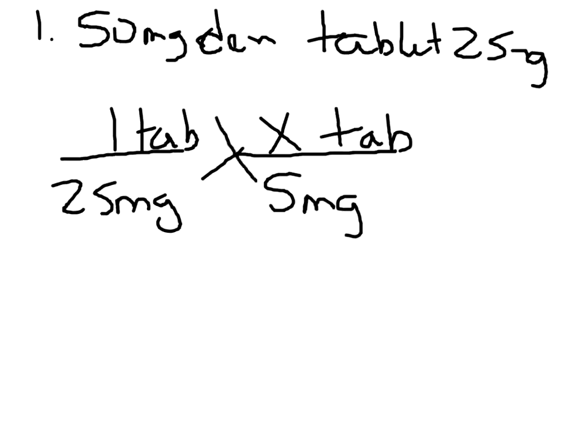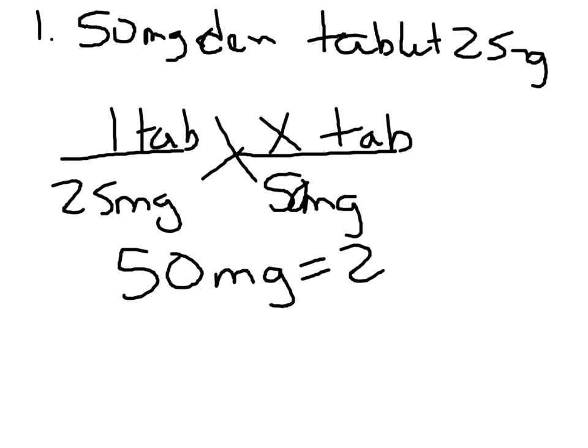Then we are going to cross multiply, right? And what that's going to give us is 50 milligrams equals 25x. Break it down farther.